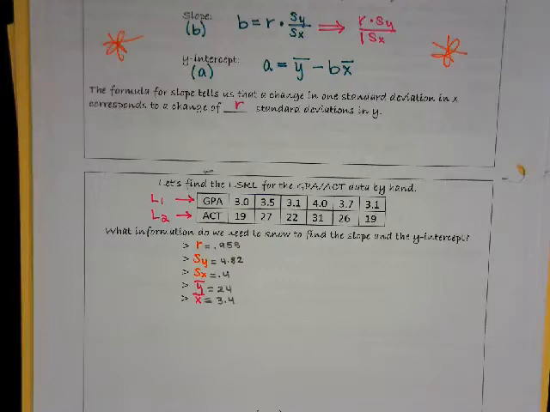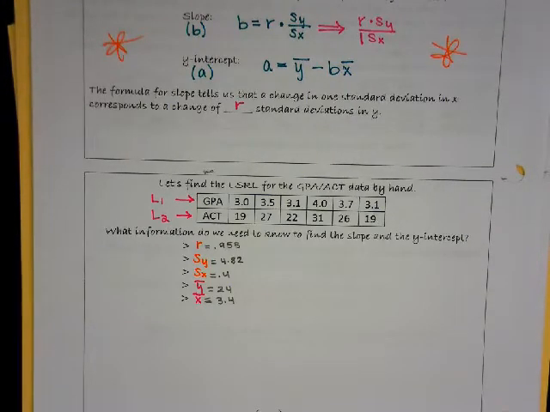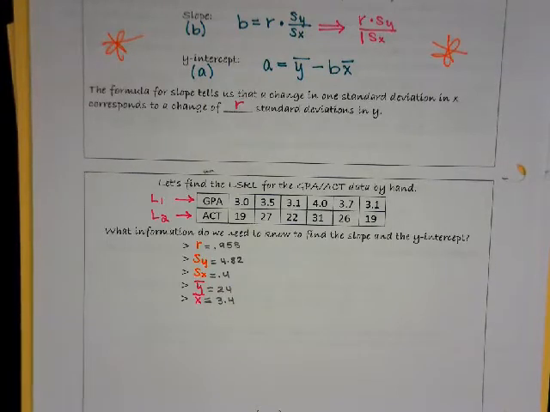Oh, I got 4.81, rounded. It's dashed right there.